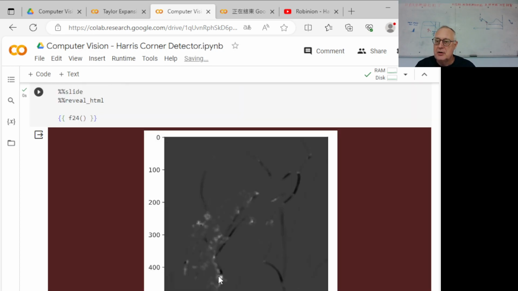And here's the output of our Harris corner detector. Those would be the pixels that would be good to track or easy to track using any shift in the image. We'd be able to find them reasonably well.